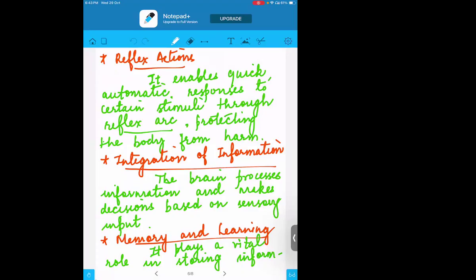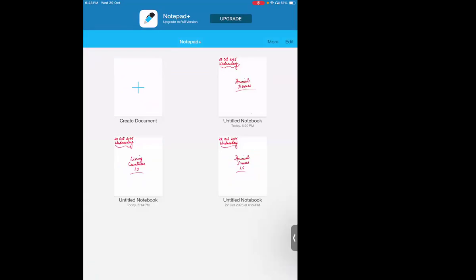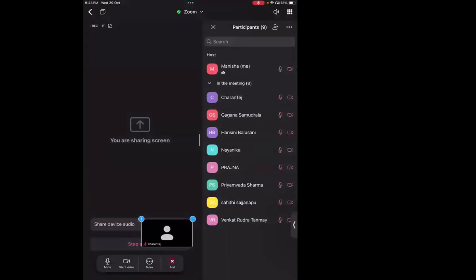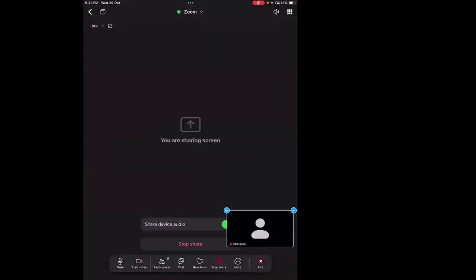So now you can start writing, children, but let me send this file to you first. Give me a minute. Let me share this file and then you can write it. Any doubt, Hansini?